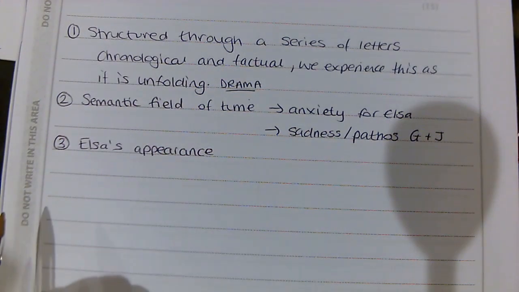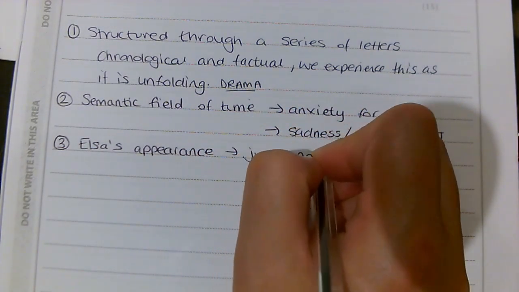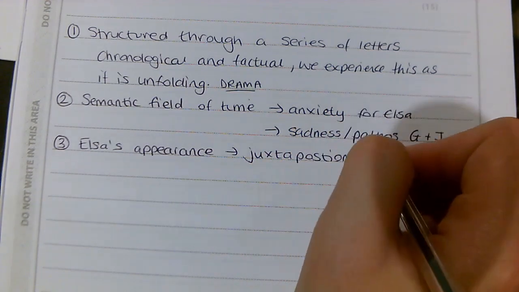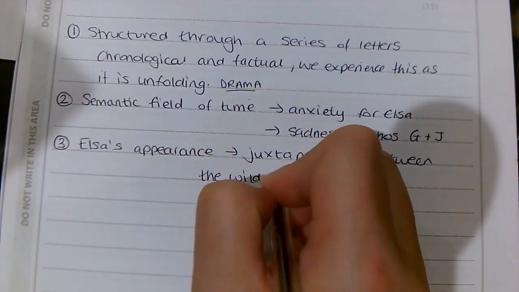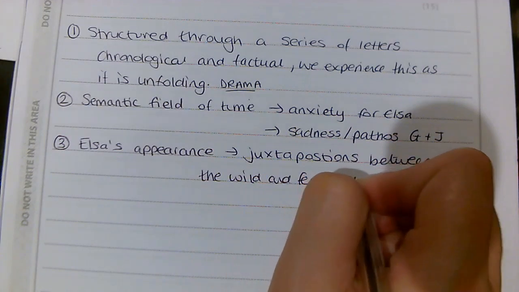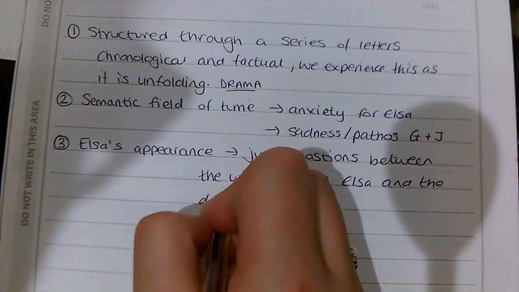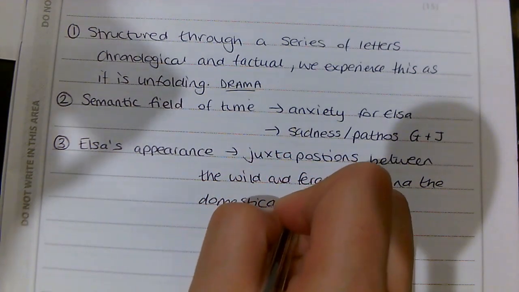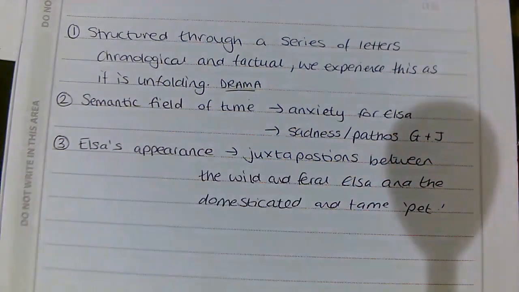And that sense of the juxtaposition between the wild and feral Elsa and the domesticated and tame pet. We have to remember that this is a lion cub and not a kitten or a puppy. Okay, that she belongs in the wild, and as we went through, we saw that juxtaposition.